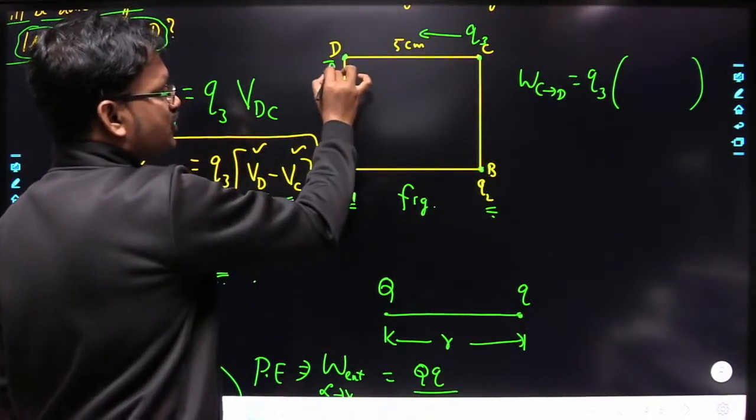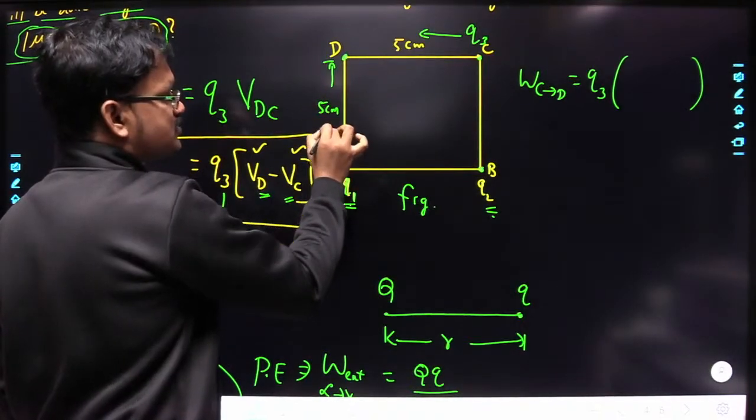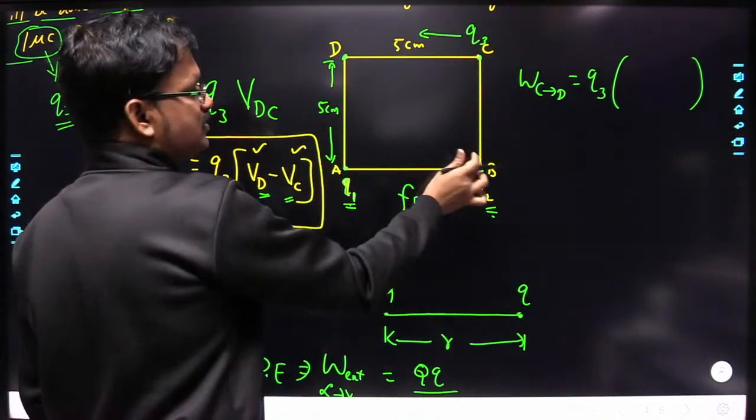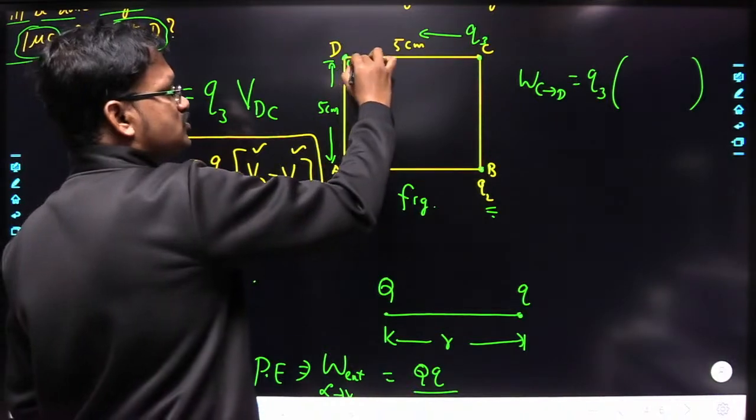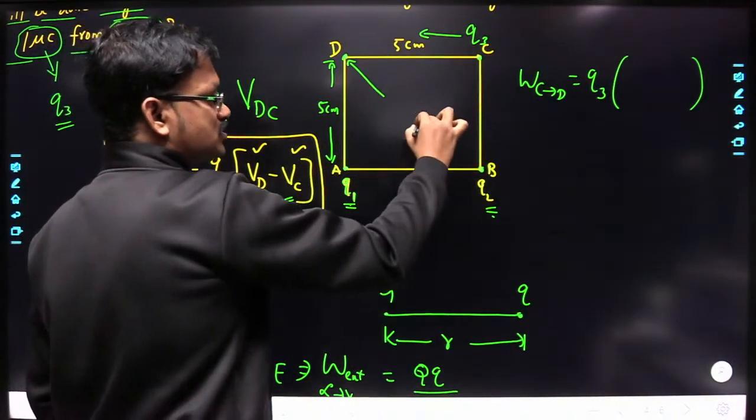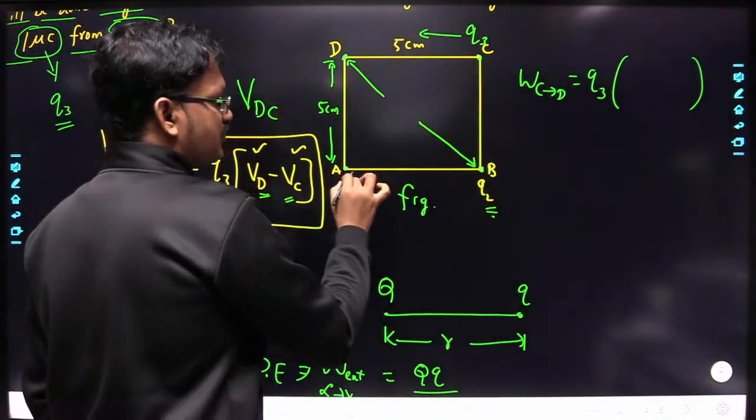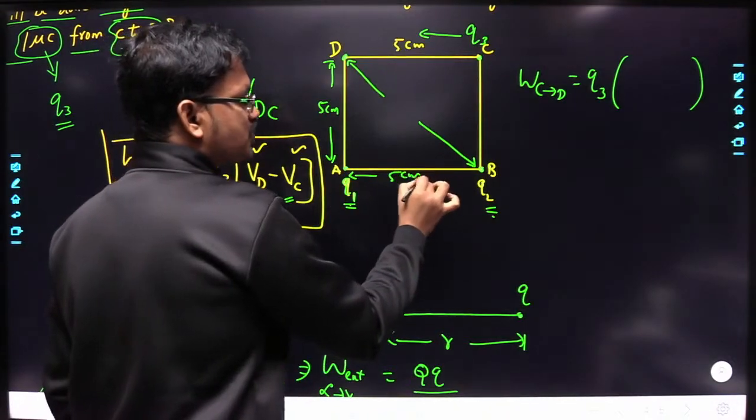The distance from here to here is 5 centimeters, and the distance from B to this point is also 5 centimeters.